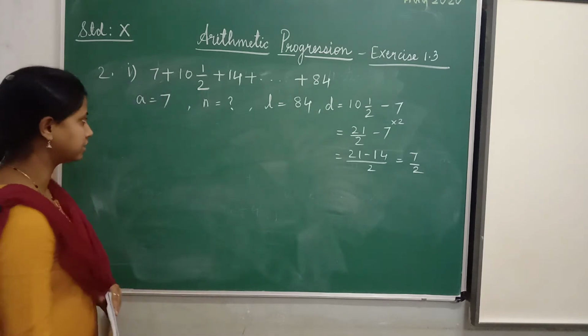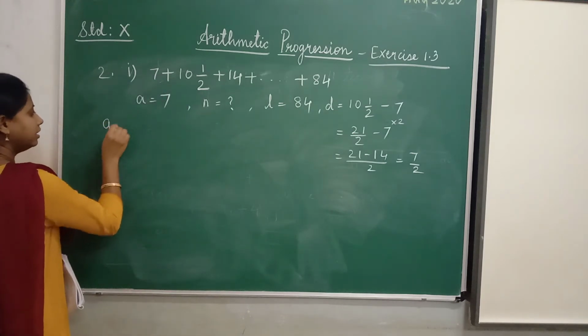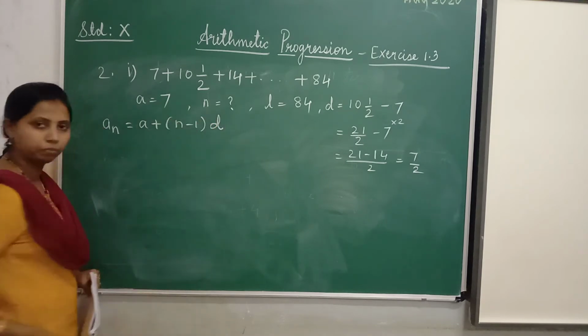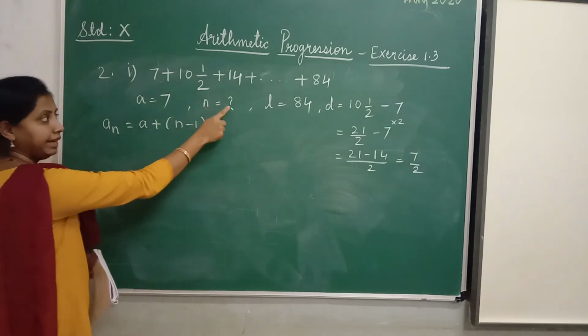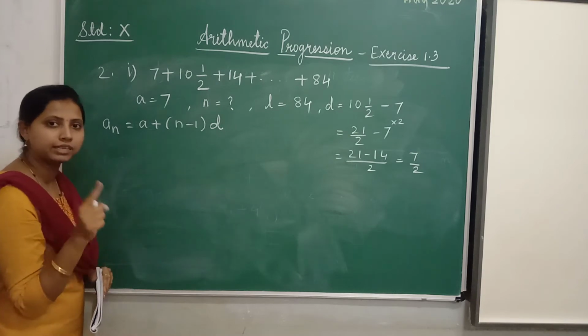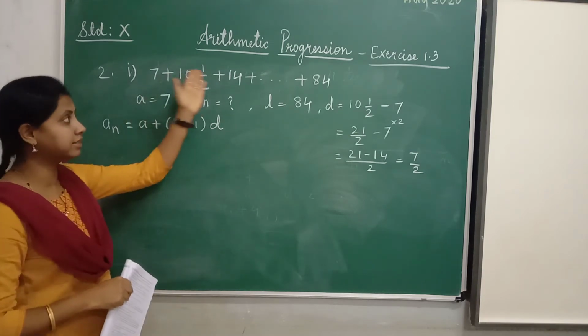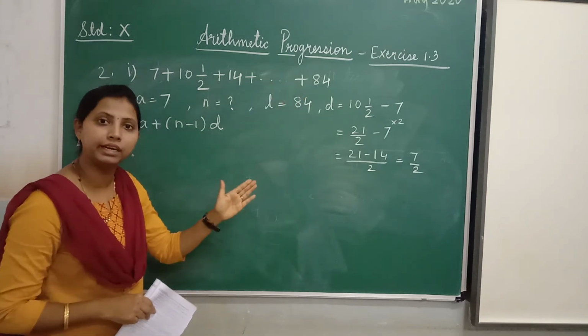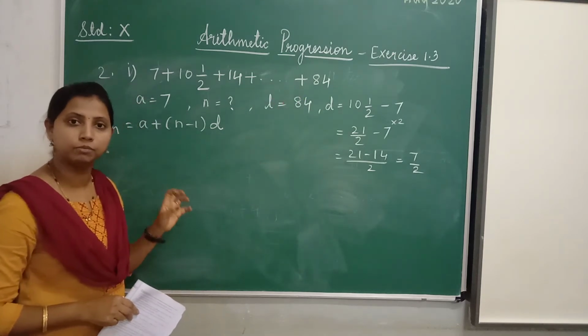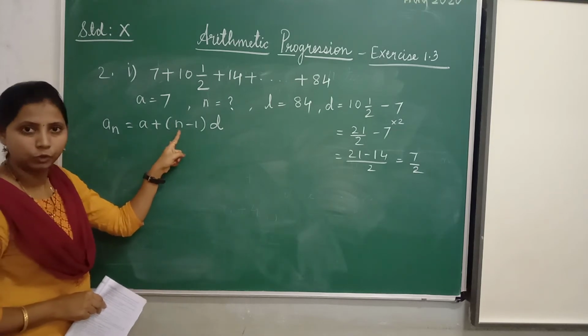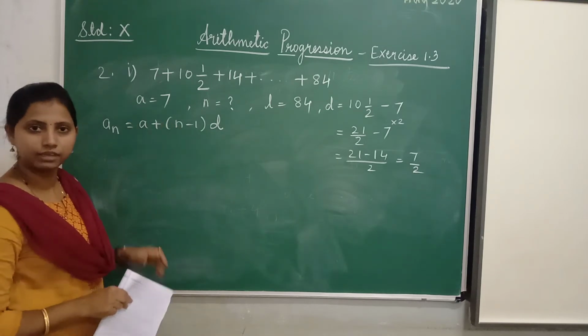Okay, that is the difference. Now use an is equals to a plus n minus 1 into d. Understood? Firstly we have to find n to use the formula Sn is equals to n by 2 into a plus l. Because how many terms are to be found is not given. So firstly we have to find the n value and then use the formula to find the sum.